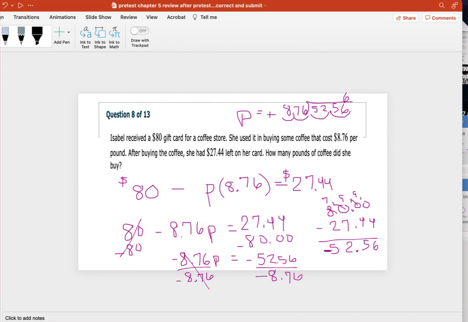Okay, because it's not going to be 7. 6 times 6 is 36. 6 times 7 is 42, plus 3 is 45. 6 times 8 is 48, plus 4 is 52, and it comes out exactly to be 6 pounds of coffee. Okay, so the answer is 6 pounds. We'll go ahead and write pounds with the LB there.